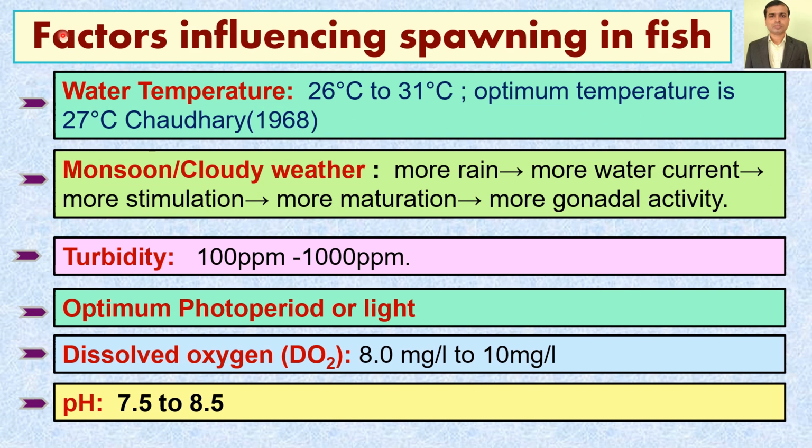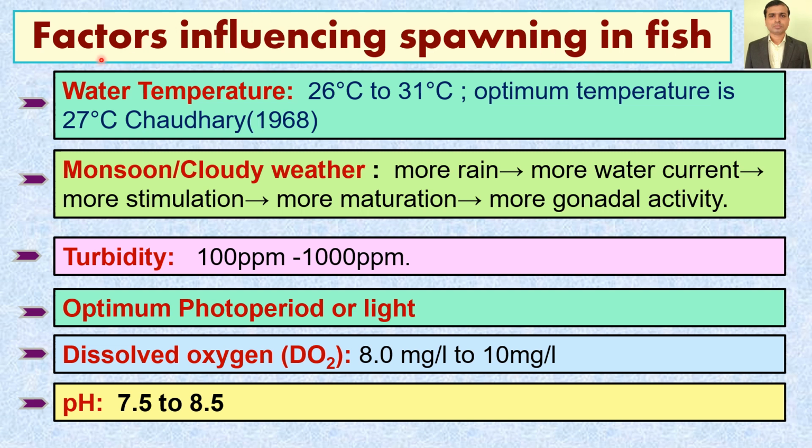Let us come to the factors influencing spawning in fish. The factors influencing spawning in fish are categorized into three categories, namely physical factors, chemical factors, and biological factors. The biological factors are mostly the hormones. Hormones like follicle-stimulating hormone and luteinizing hormone take a key role in breeding in fish.